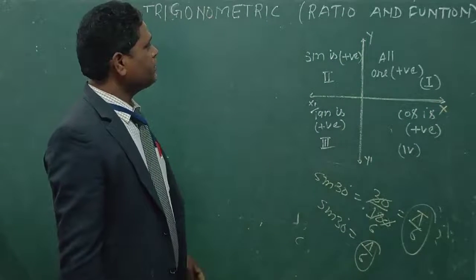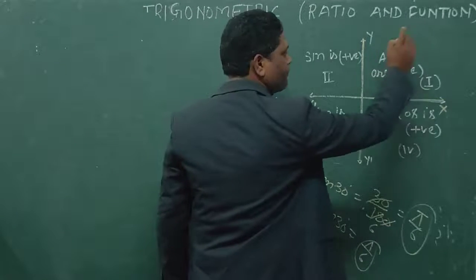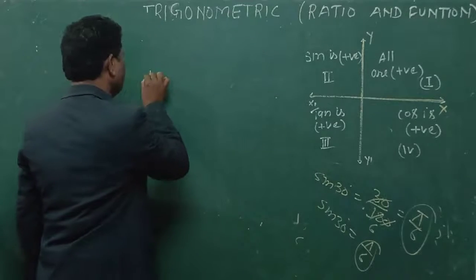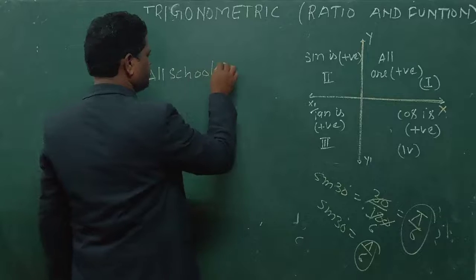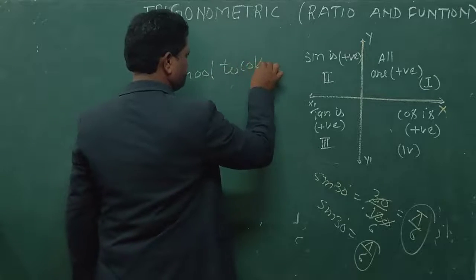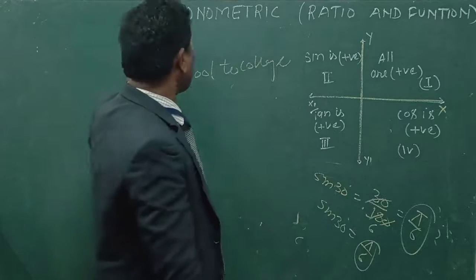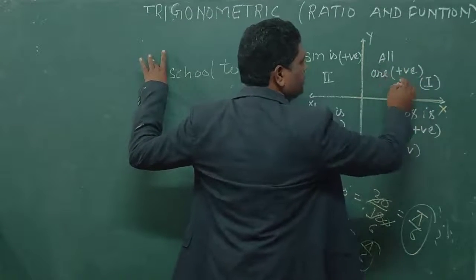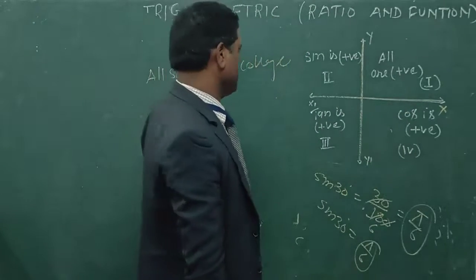According to trigonometry, in the first quadrant, all is positive. "All" means all trigonometric functions here: sin, cos, tan, cot, sec, cosec.